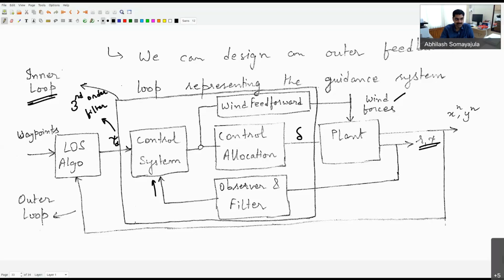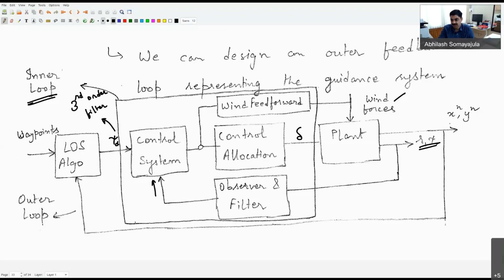In the previous example, the third order filter was feeding me these values based on an operator input. Now we will see that if I want to do position tracking as well, path following as well, then I can close the loop outside of this inner loop. Here, the desired heading angle will now come from a LOS guidance scheme. Then the plant will generate its heading angles, which go back into the inner loop, okay and fine.